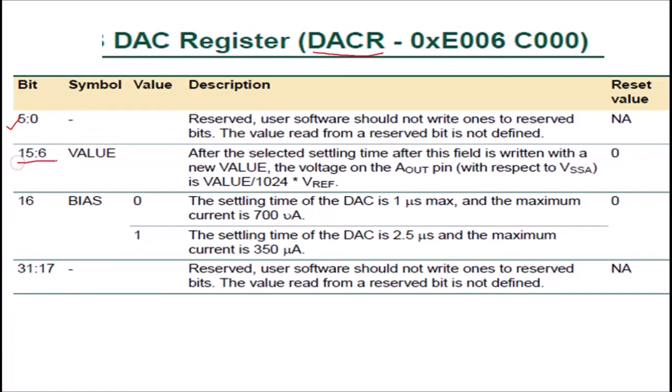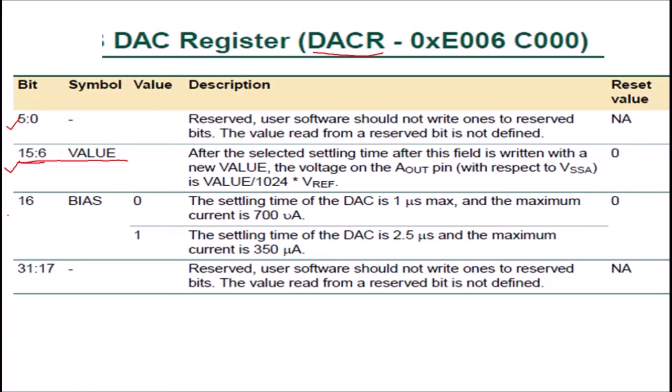These bits are important. Bit number 6 to bit number 15 of this register is where we have to store the digital input value. So the user will store the 10-bit digital input in bits 6 to 15. This DAC will convert this digital input into analog. So whenever we write a program, we have to store the digital input value into these bits 6 to 15.